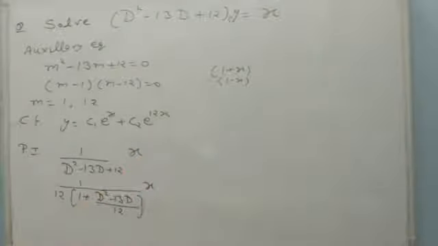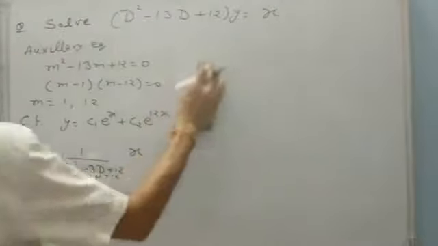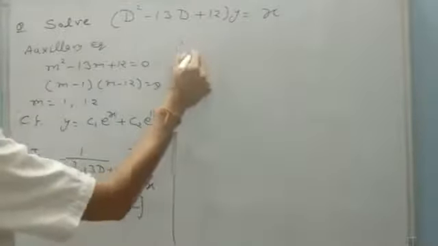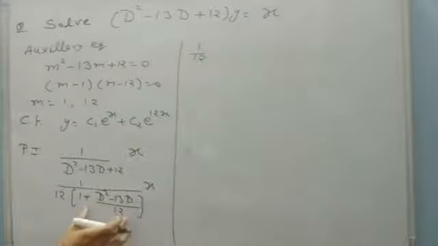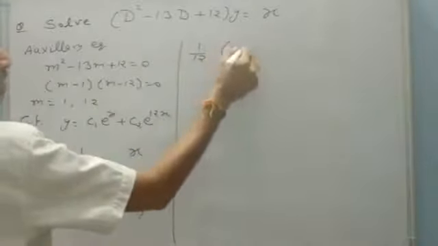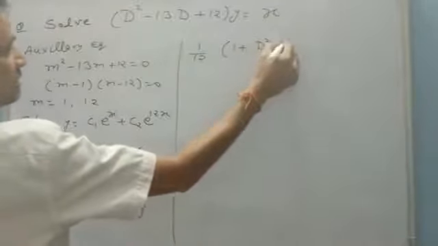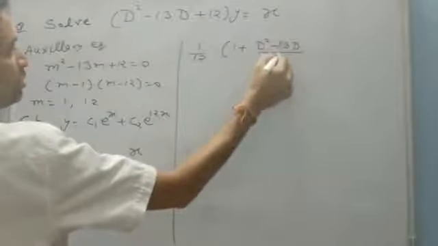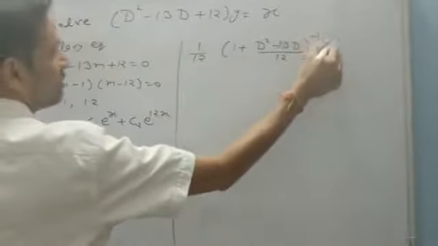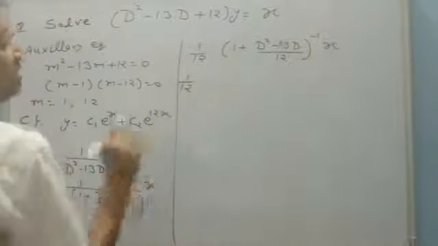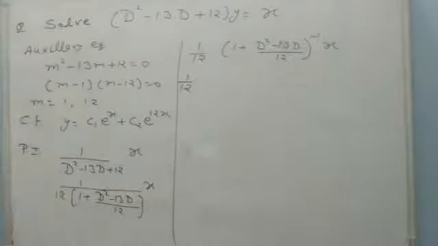By doing this, I have an easy way to solve it now. 1 by 12 as it is, put this one as upper and it will become [1 plus (D square minus 13D) upon 12] to the power minus 1 of x. As I told you, the formula 1 plus x to the power minus 1, it will become 1 upon 12 by expanding it by this formula.